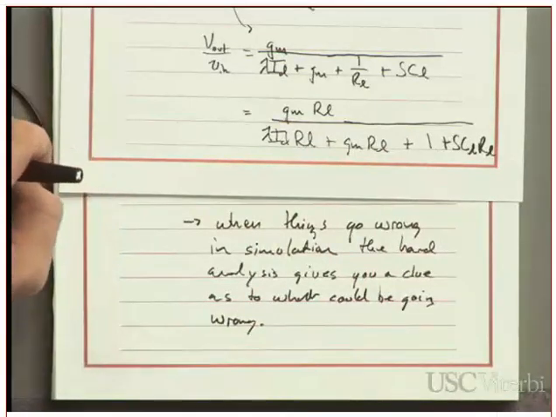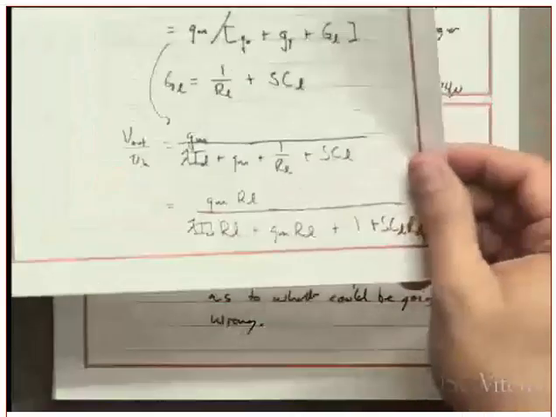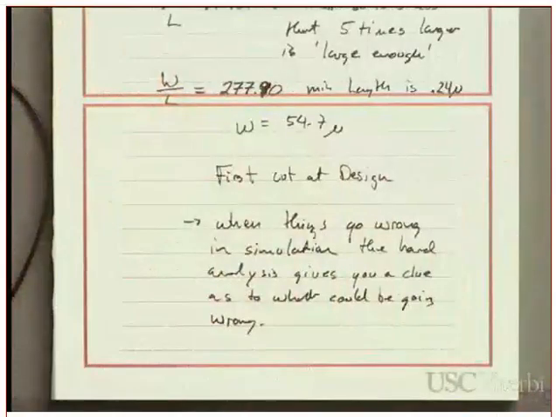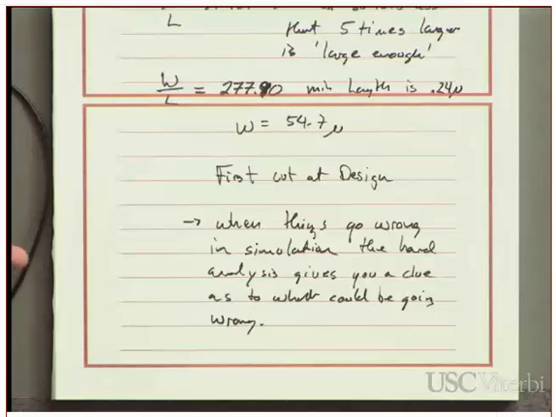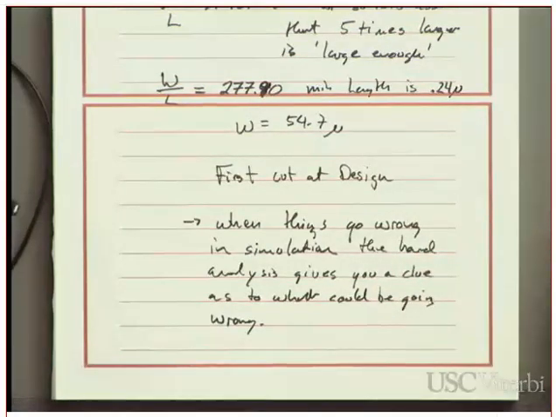Now designing for higher frequency takes a little bit more finagling, and there's more complex things that you can do. But really, when you get to the circuit design project, I'm not expecting you to do all of the hand analysis on your own.